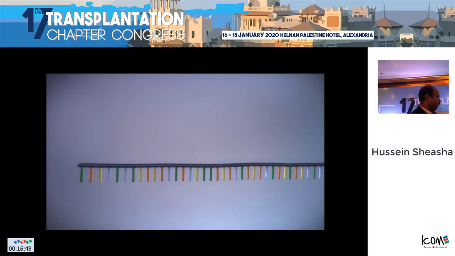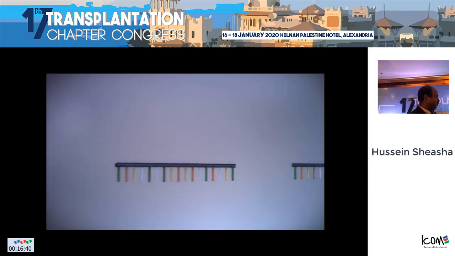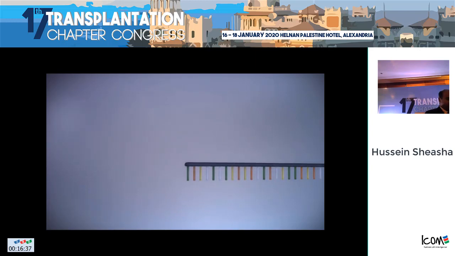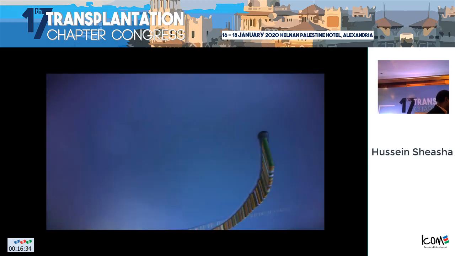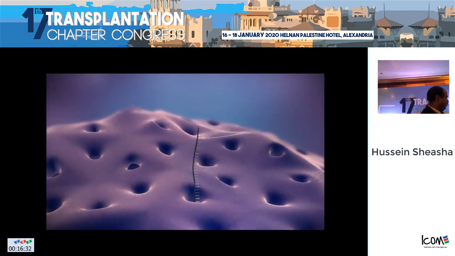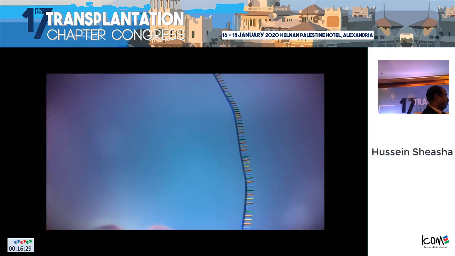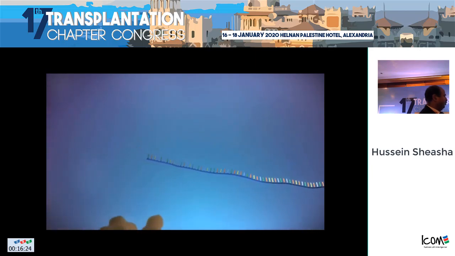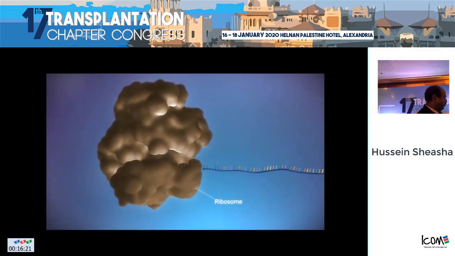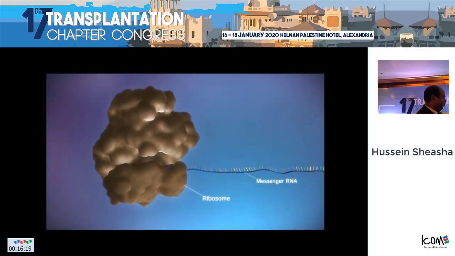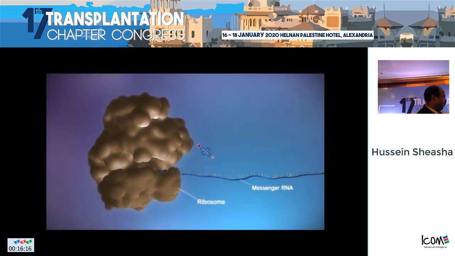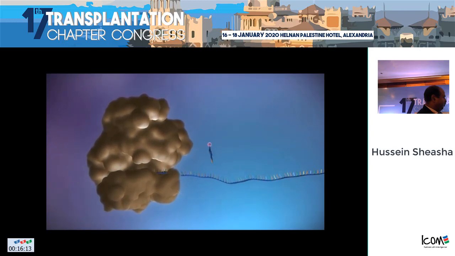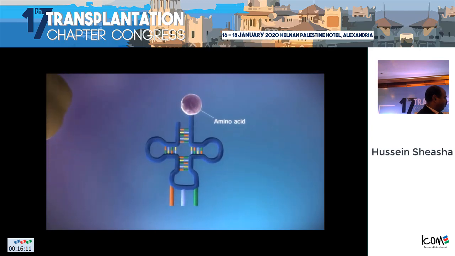Before the messenger RNA can be used as a template for the production of proteins, it needs to be processed. This involves removing and cutting sections of RNA. The messenger RNA then will be cut in the nucleus into the cytoplasm. Protein factories in the cytoplasm ribosome bind to the messenger RNA. The ribosome reads the code of the messenger RNA to produce a chain to make up the amino acids.